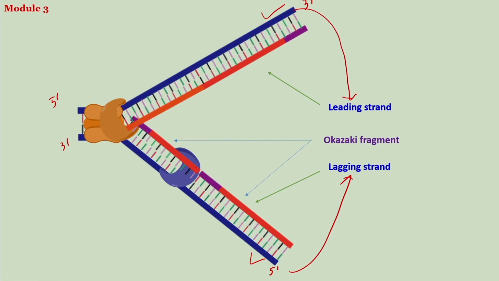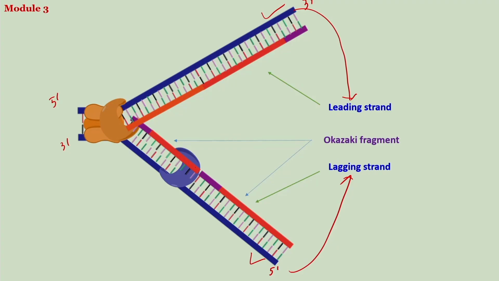So, that is also a reason why we usually write, when we write a DNA sequence, if you look at the previous lectures, I have always written the DNA in the 5 prime to 3 prime direction, because that is the main strand we usually use for the notations. And you see, for the leading strand, the synthesis is continuous; for the lagging strand, your synthesis is partial.